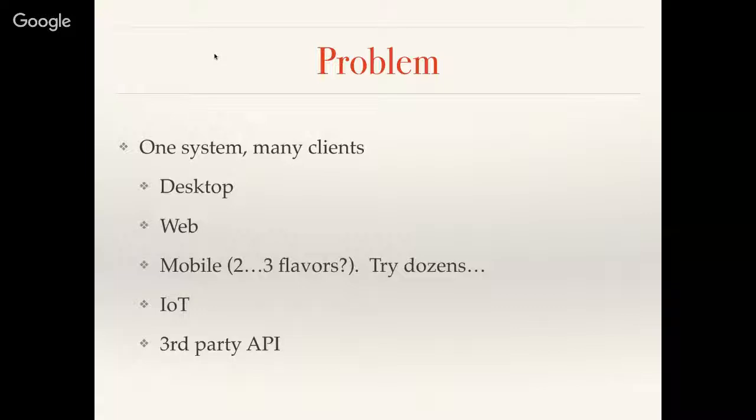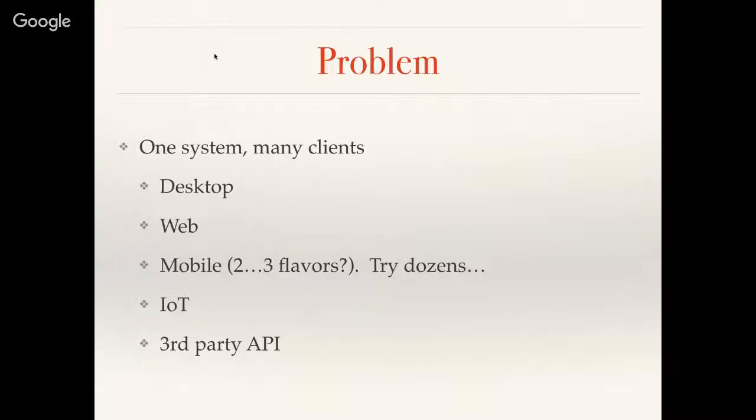Typically, we have this one big system that we need to accomplish all of our goals. But one of the challenges that we have, especially nowadays, is that we have so many different clients: desktop, all of these types of things. IoT, let's just wait until that really picks up speed, millions and billions of things, but they all need some kind of, we want them to interact with our systems, right? That's our goal, is to have people use our systems and to provide value for our customers and for society as a whole, whatever it is.